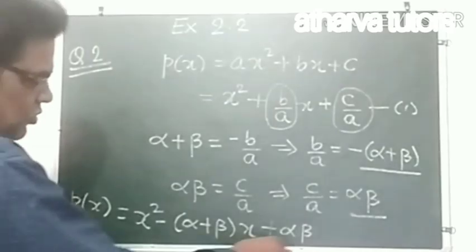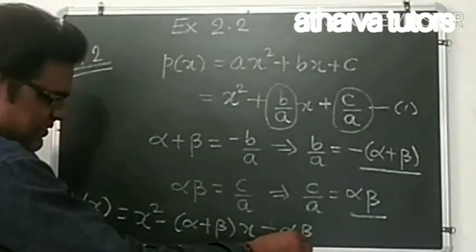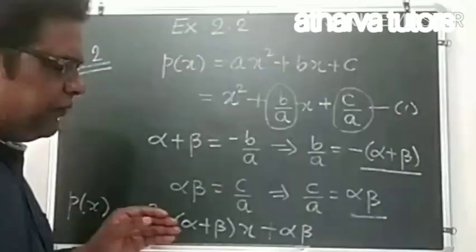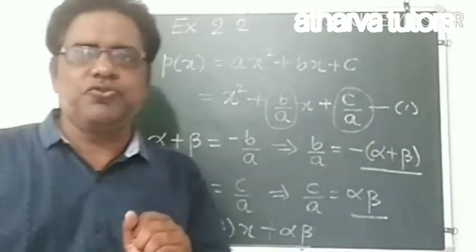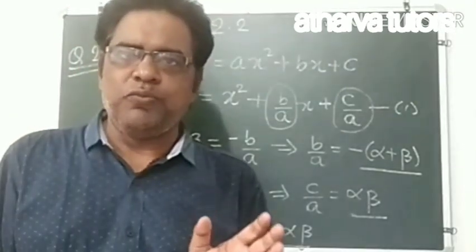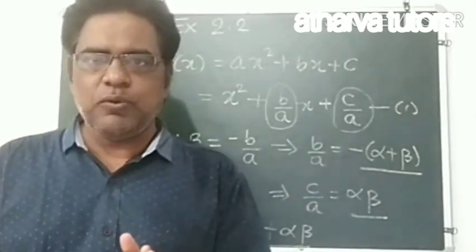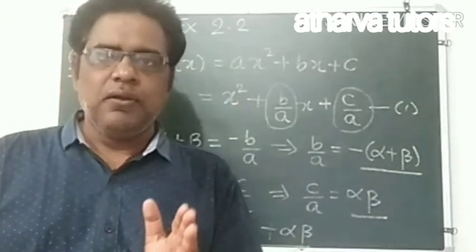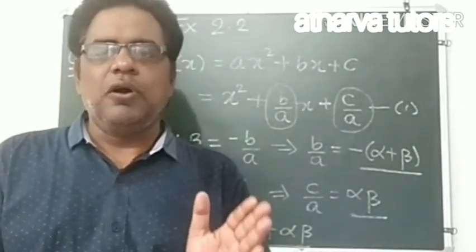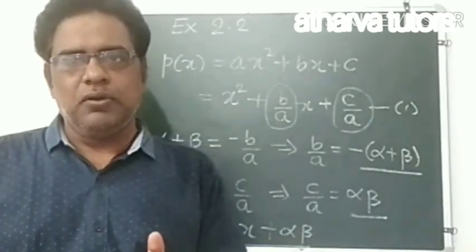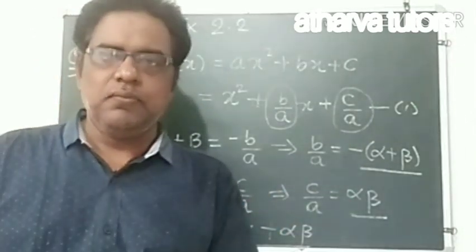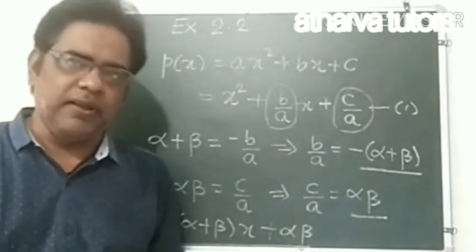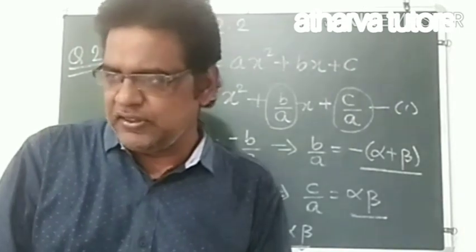So what does this mean? This means that if you are given the sum of zeros and the product of zeros, you can easily form a quadratic polynomial. In this exercise, we are going to do the same thing. So let us see how to do it.